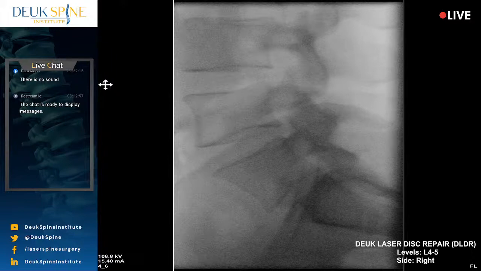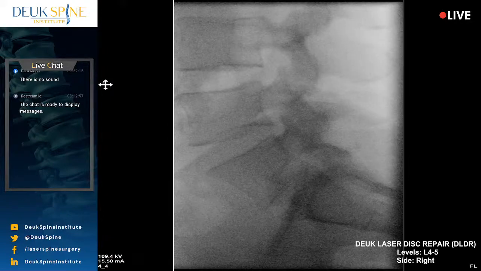Higher than 110, you're going to have more bleeding than you need to, and it can give you a little bit of bruising in the skin and muscle, and basically we don't want that.